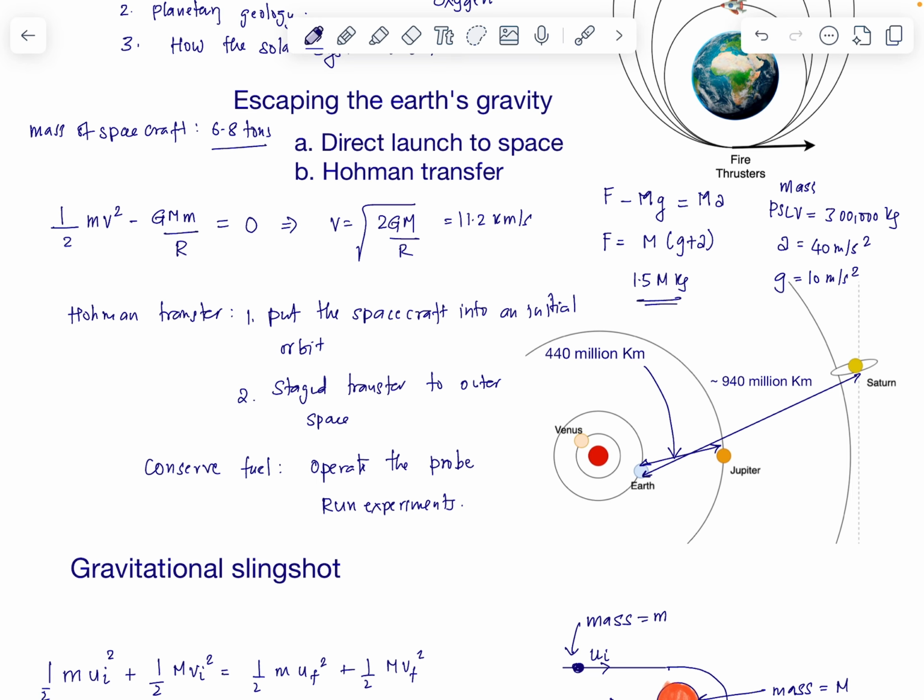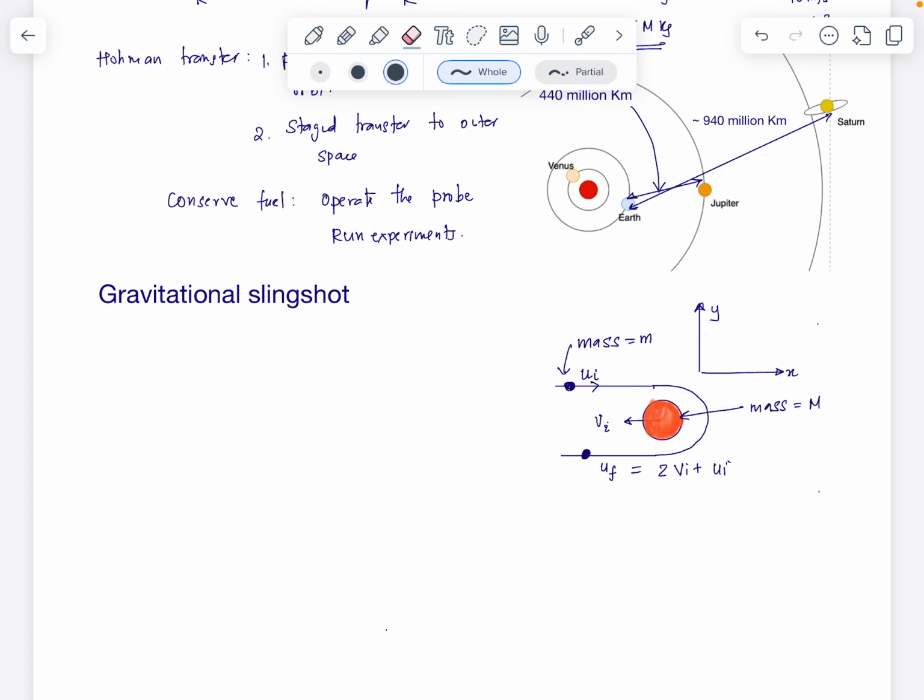So as I was mentioning, we need to conserve fuel to operate the probe or the spacecraft during the orbit of the planet, and we need to run experiments, right?